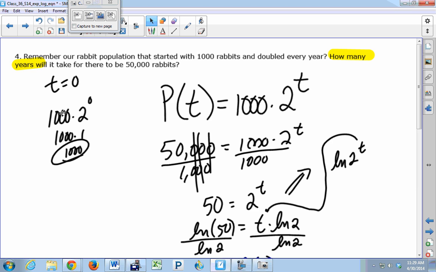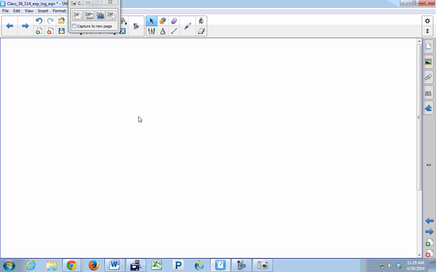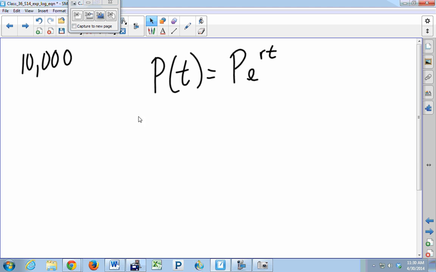Let's see how we would do that one. If we use our PERT, P e to the rt, she's got $10,000 to invest at 5.5% per year, and we want to know how long to double.